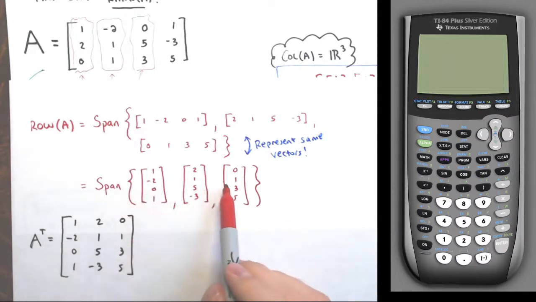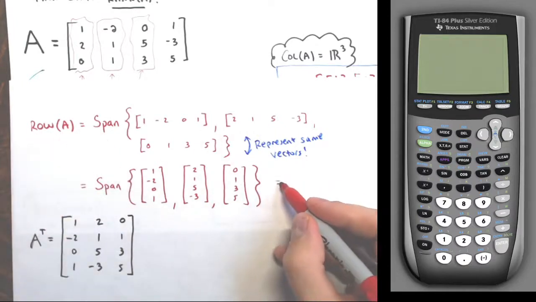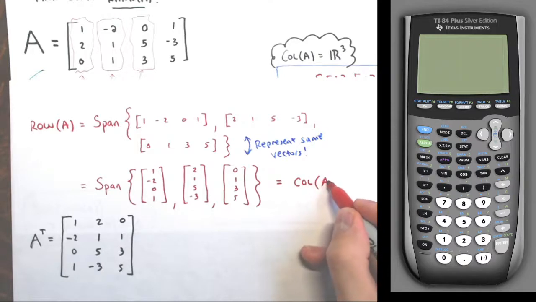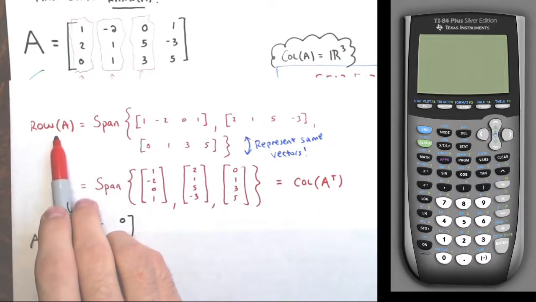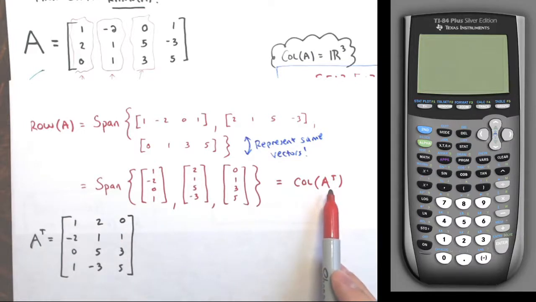But if you look at it this way, the span of these column vectors, you see how these are just the columns of A transpose? So we could say that the row space of A is exactly the same as the column space of A transpose. I know I've brought this up in my last video on rank, and I had a video up about the row space of a matrix as well. The row space of a matrix is equal to the column space of the transpose.